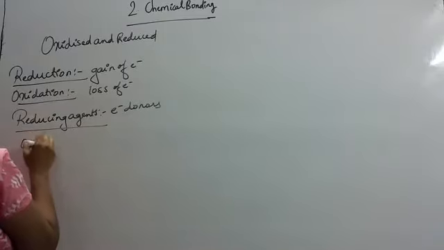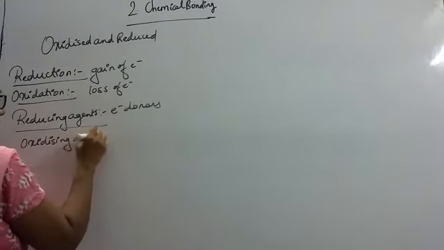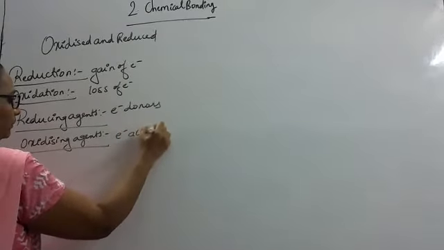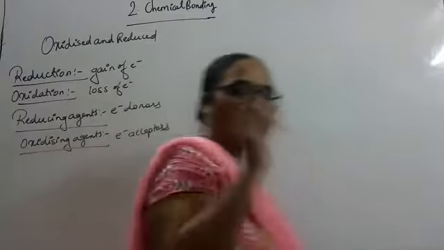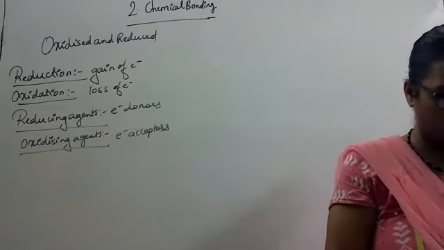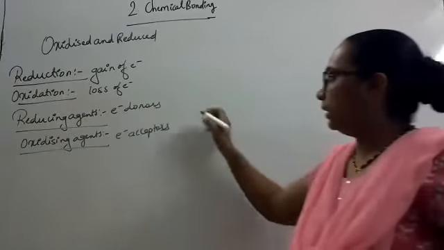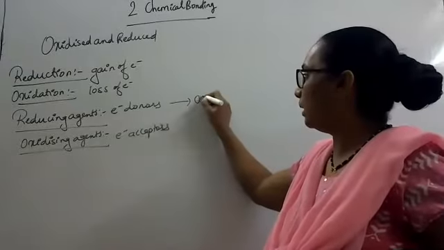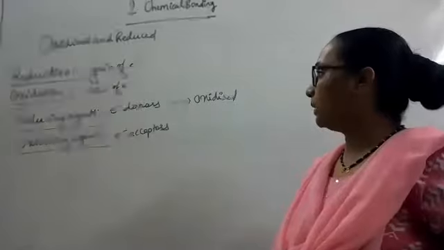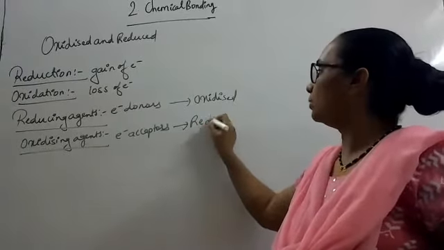Then oxidizing agents are electron acceptors. Okay, so take a screenshot. This is important. They are electron acceptors. That means reducing agents, being electron donors, get oxidized. And oxidizing agents, being electron acceptors, get reduced.